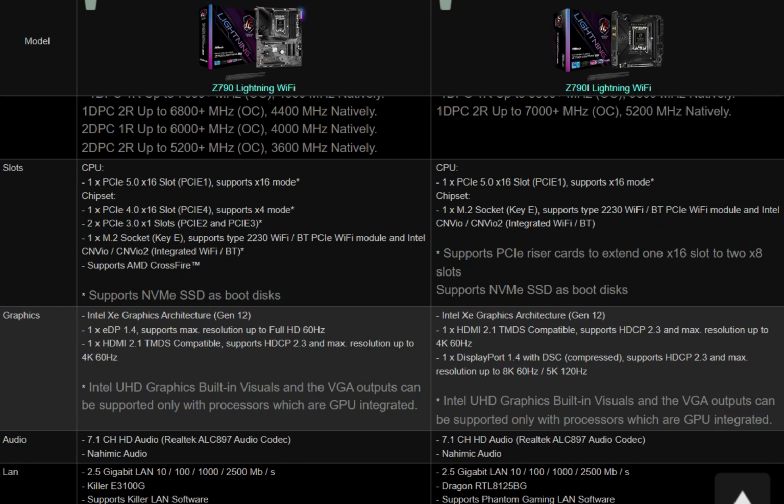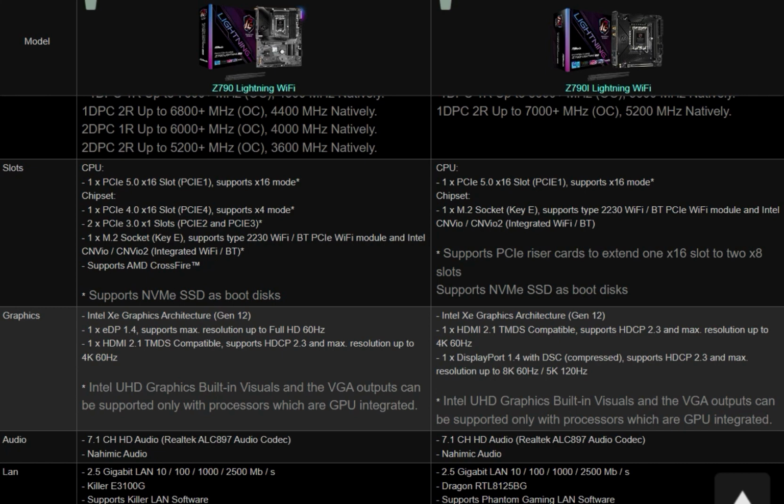Now let's talk about the graphics. Intel Xe graphics architecture 12th generation. That is advanced. Okay, let's talk. One port eDP 1.4 supports max resolution full HD 60 Hz.